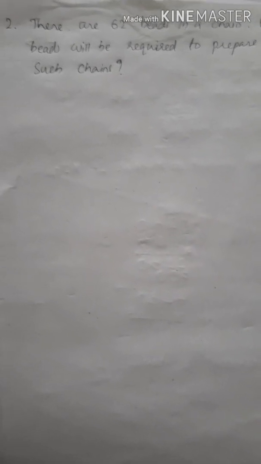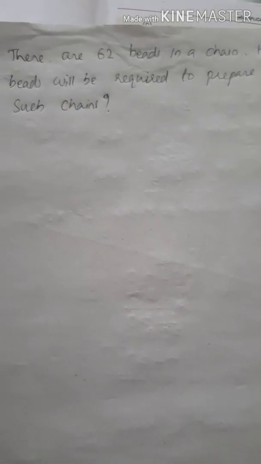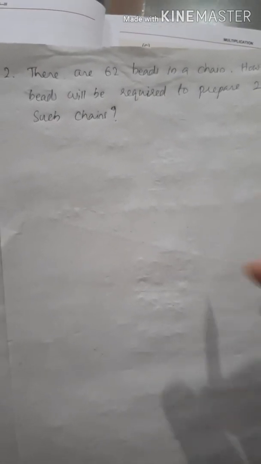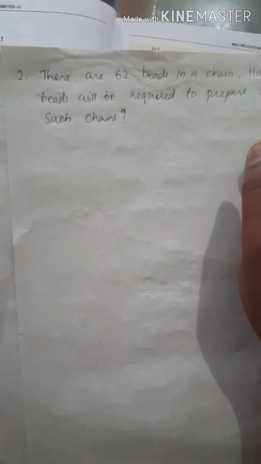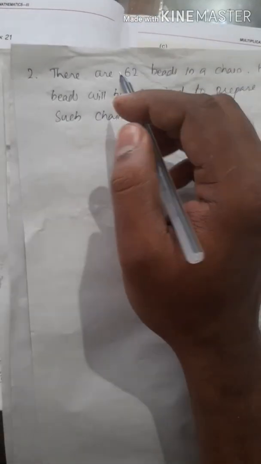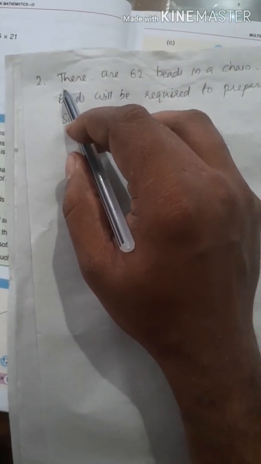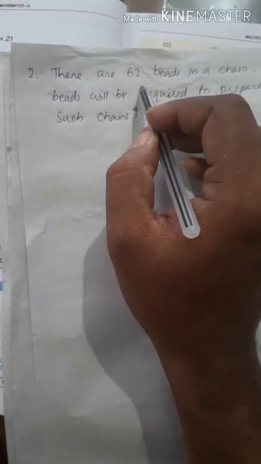Okay, question is here. There are 62 beads in a chain. How many beads will be required to prepare 28 such chains? So students, for this question, read the question carefully, then read one sentence at a time. First sentence is that there are 62 beads in a chain. So solution.